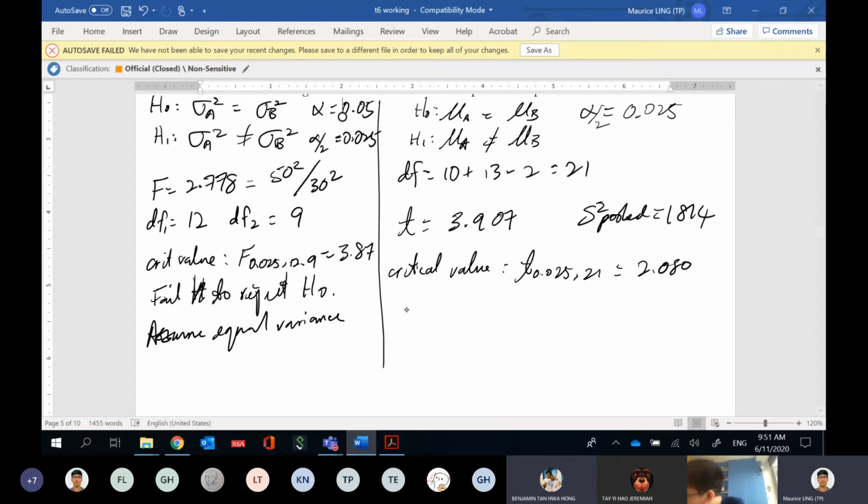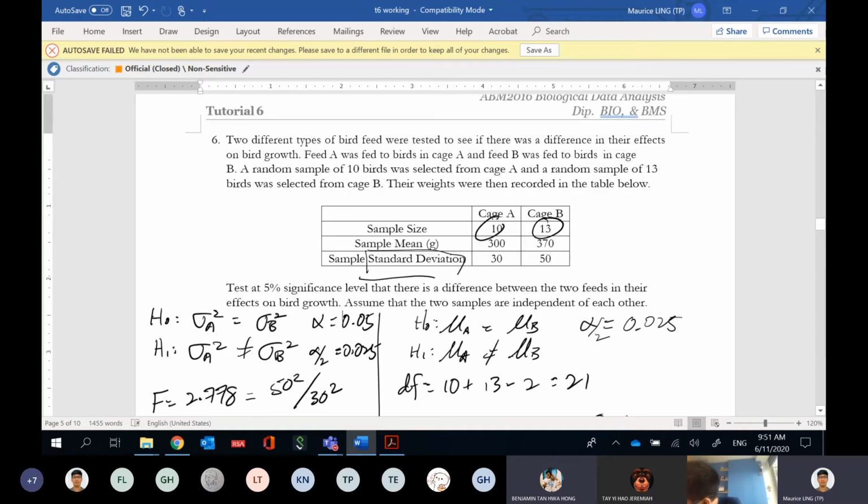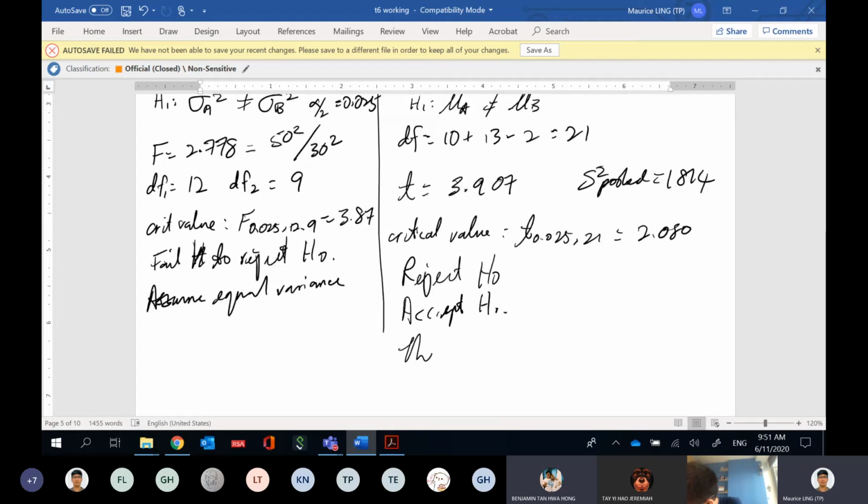Okay, then what is your conclusion? We reject the null hypothesis. All right, reject null hypothesis. You accept the alternate hypothesis, which means what? Like there is a difference. Yeah, there's a difference in the average weight of what animal is that?